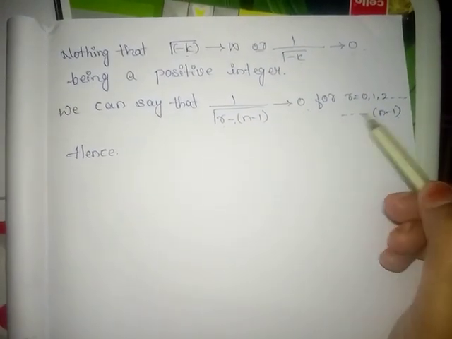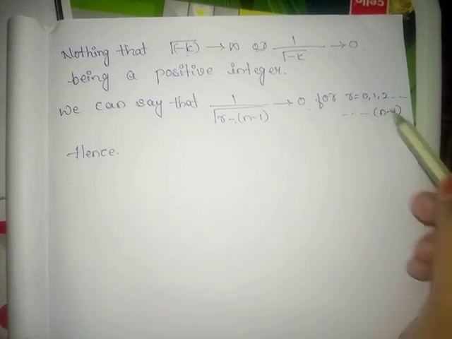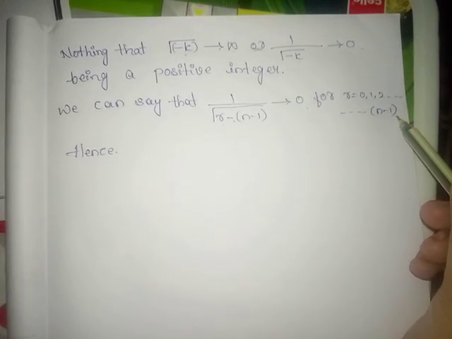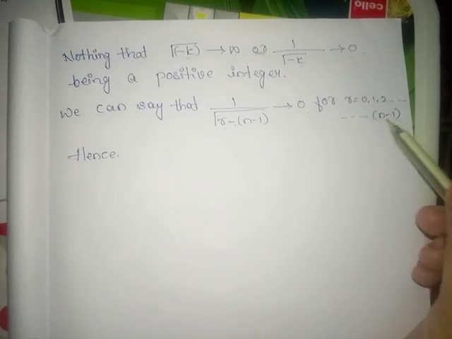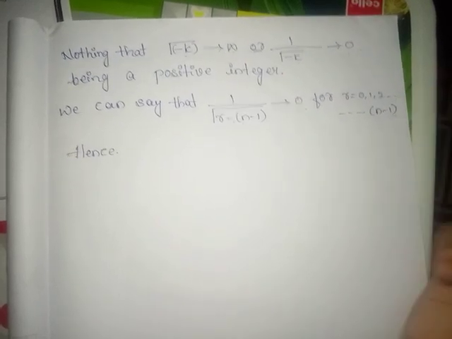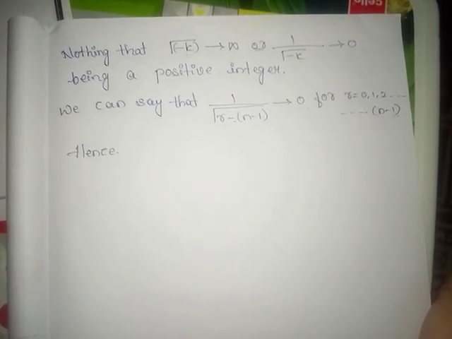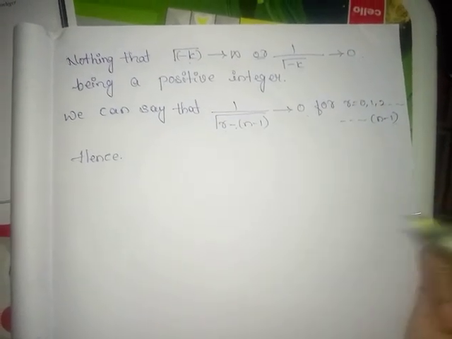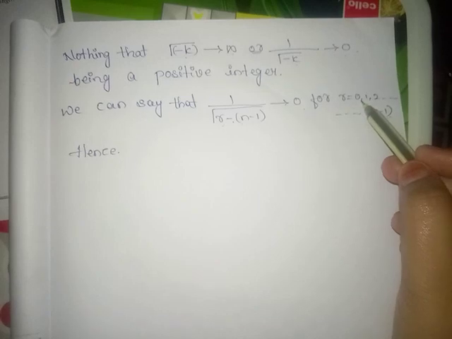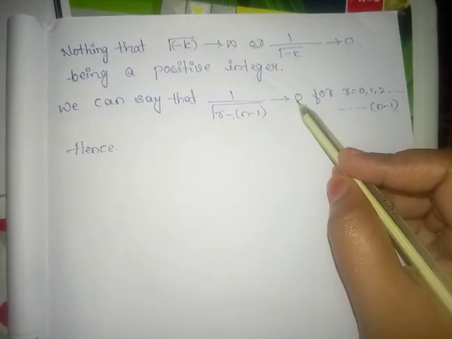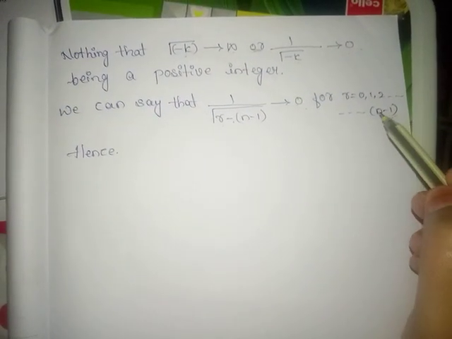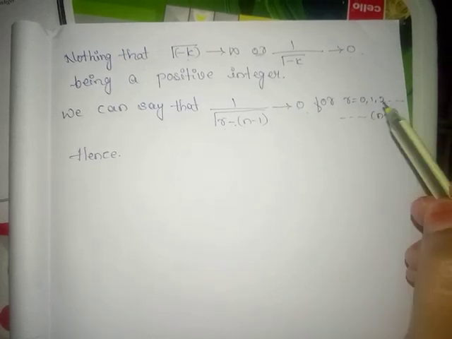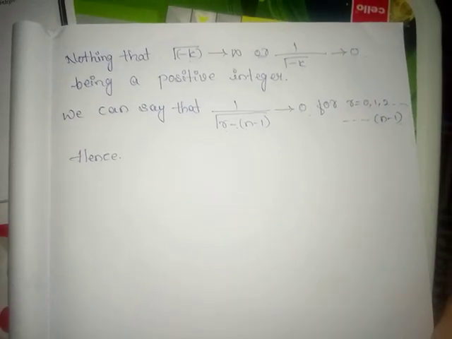So we have to take the values of r greater than n minus 1. In our earlier expression, Jn of x, we have the summation r running from 0 to infinity, but for the initial r values we get the term 0. So we have to take the terms in such a way that the term is not equal to 0.